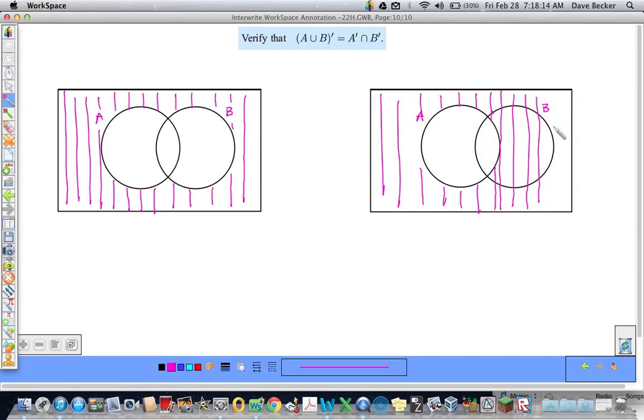So I'm going to do that with vertical lines. Okay. And then with horizontal, and I'll get crazy and do blue, I'm going to do not B. So that's everything outside of B. So I can't shade anything or cross anything within the circle of B.